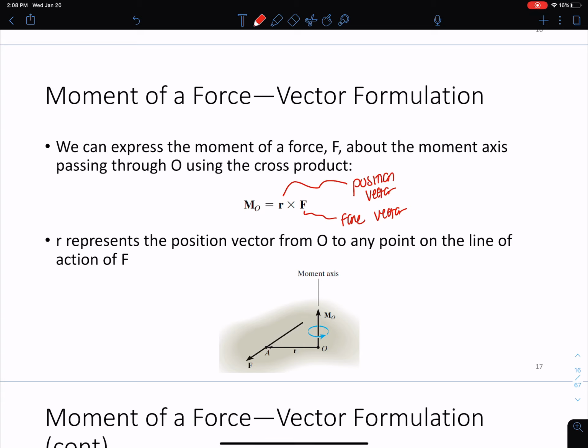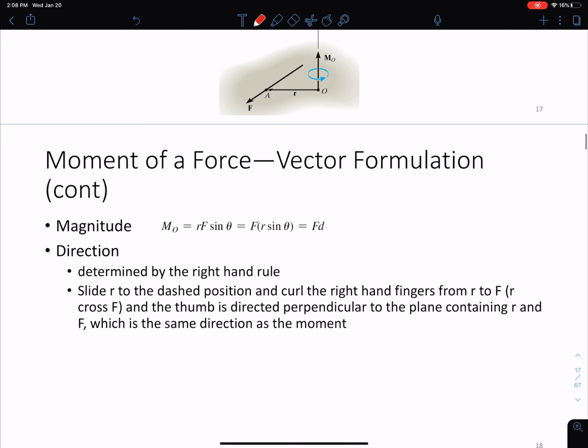So all we have to do is r cross F, and we'll be able to figure out the moment about our specified point. Okay. So magnitude is given again by the scalar r multiplied by the scalar F times sine of theta, which is the angle between r and F. And then the direction, we can also use the right-hand rule to figure that out.